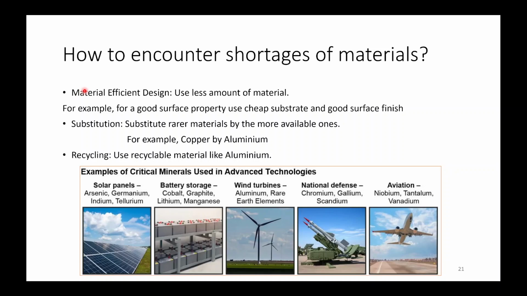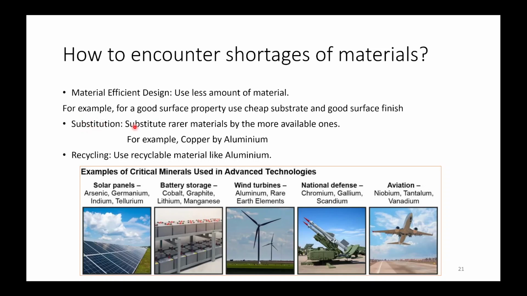For example, if a rare material is there, it will use the rare material to the minimum, while for an abundant material, it will use a higher quantity. Then use less amount of material. For example, for a good surface property, we use a cheap substrate and a good surface finish.